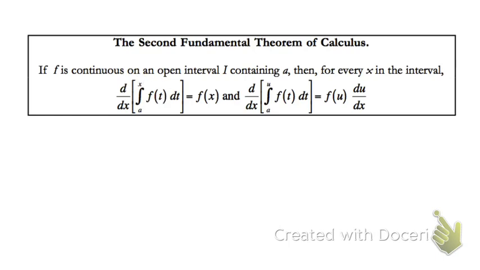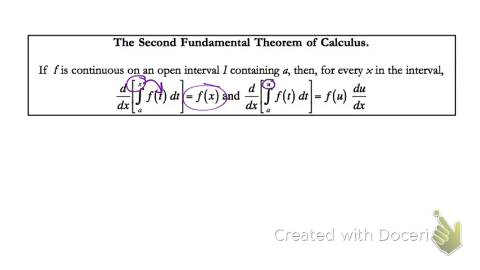So on the next couple slides, when you see me do the examples, I'm just going to draw this. I'm going to be like, oh, instead of f of t, this is going to be f of x, because that's my final answer. The only one thing that students will forget to do sometimes, and this is typically how this question appears on the AP test, is if you're taking the derivative of an integral, but instead of just a simple x up here, let's say that it's a function of x, like u.